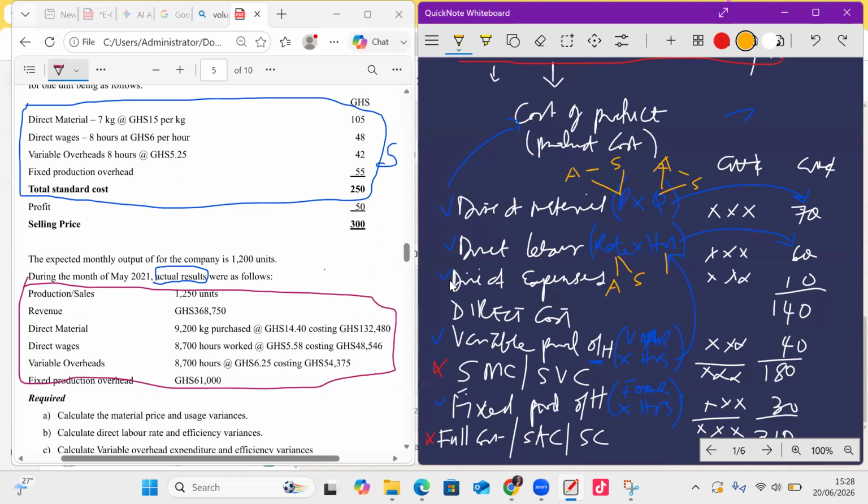When I pick the efficiency hours, I'll pick the actual, I'll pick the standard, and I'll be comparing, subtracting. Do you get it? When I pick the VOAR, I'll pick the actual, I'll pick the standard. When I pick this too, actual and standard. Do you get it? That's what we are going to do. And here is quite lengthy.